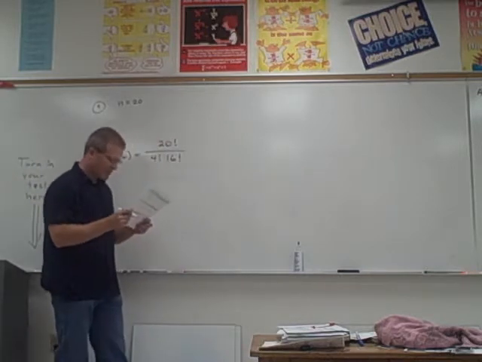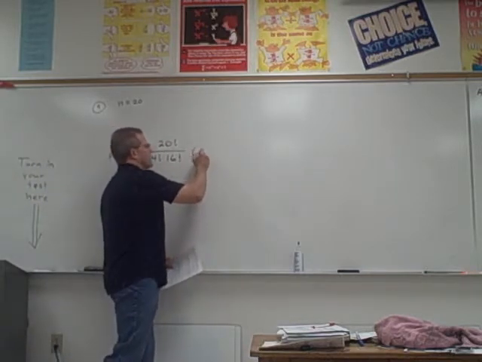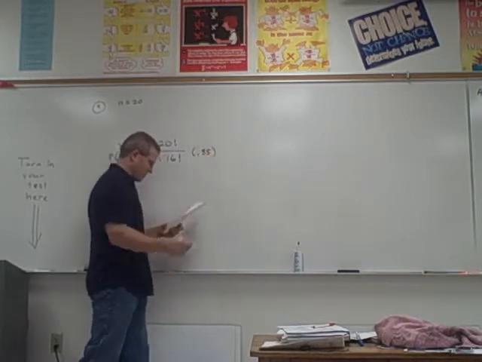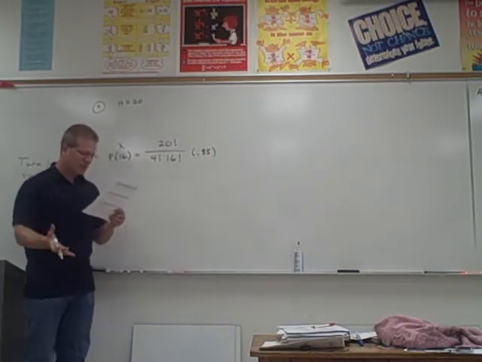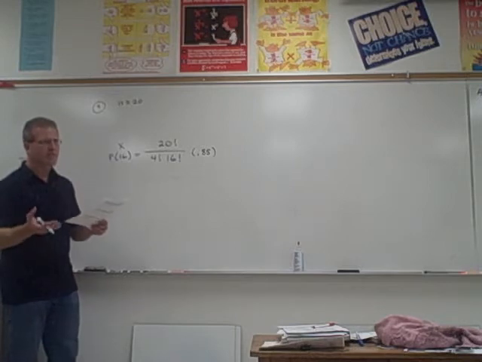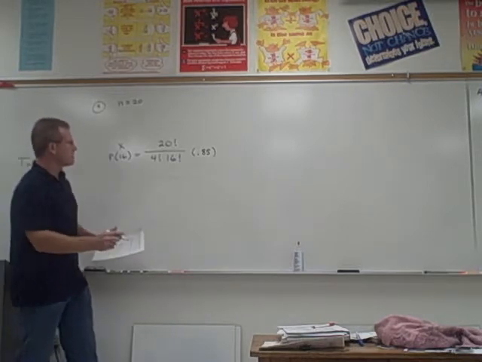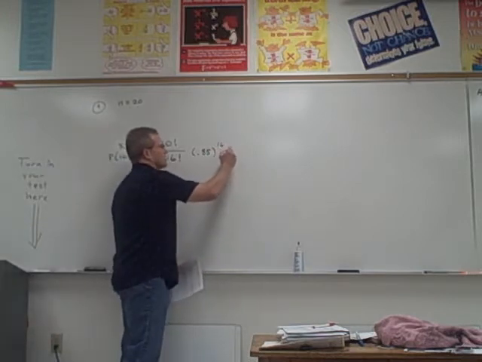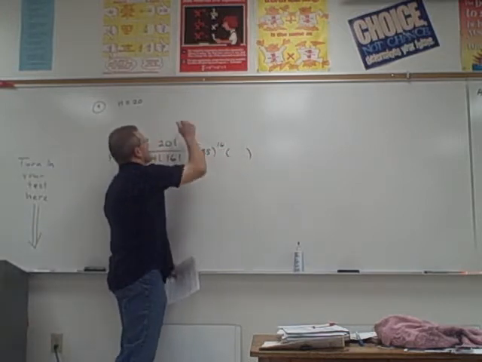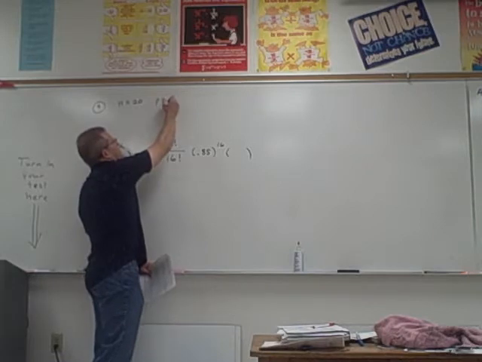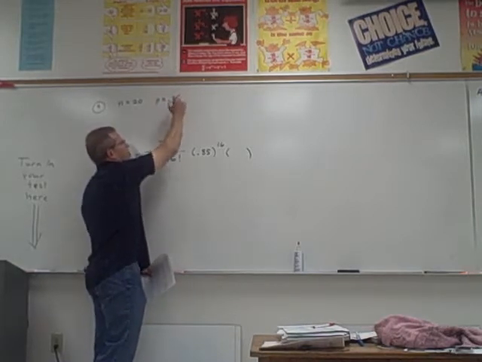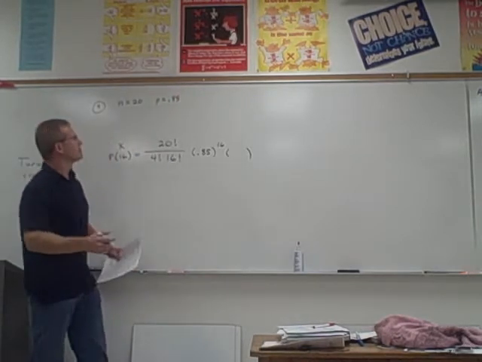Then your probabilities come into play here. There's an 85% chance that if you randomly pick a teenager that they're going to drive a car, because it says 85% of teenagers drive cars. Then you're supposed to take that to the x power, so to the 16th power. So this is your p-value, which is the probability of success if you're trying to pick a person that drives a car.